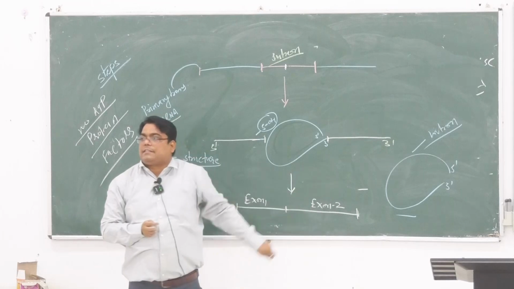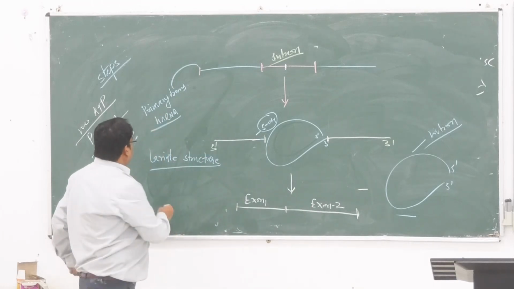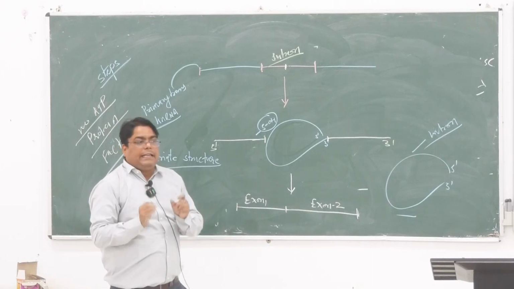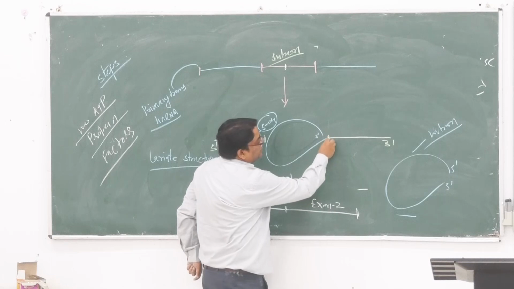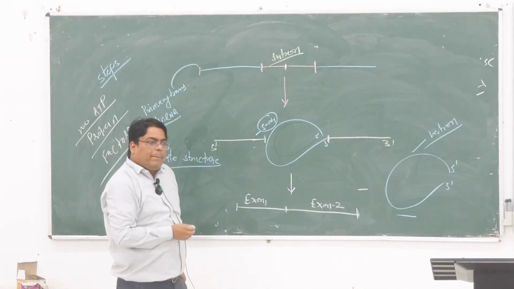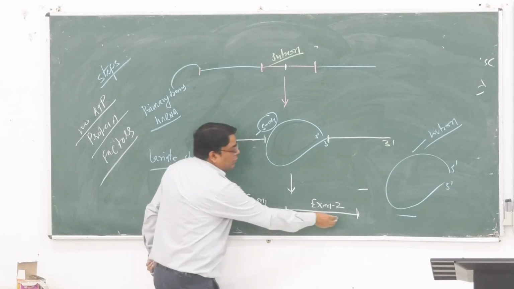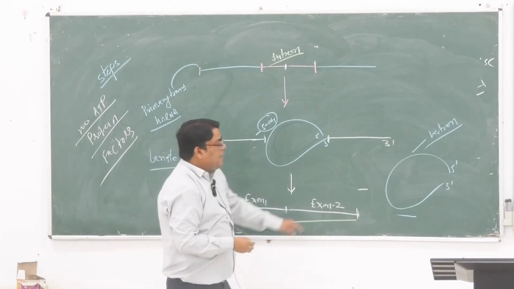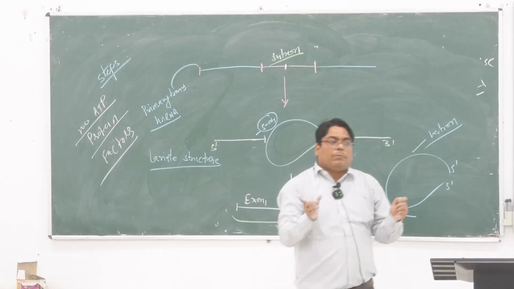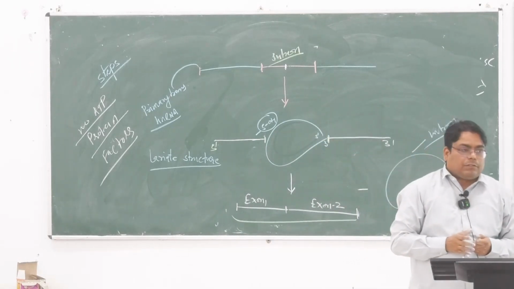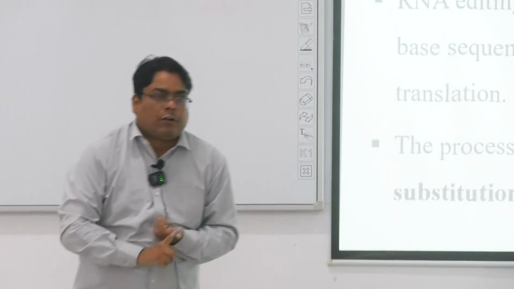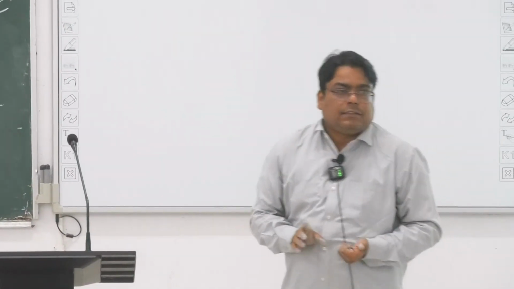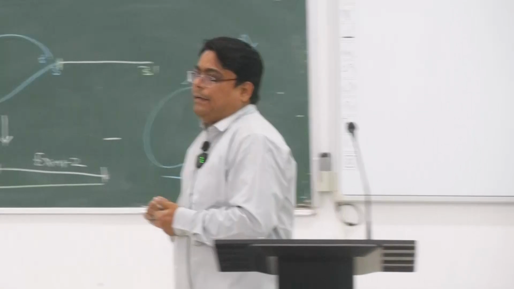We call this structure the lariat, L-A-R-I-A-T, or loop-like structure. Then again it cuts at the 3' OH group, and the exon-exon groups join. There are no intervening sequences, and the introns are removed from the mRNA molecule. It is called self-mediated splicing because there is no requirement of ATP, cofactors, or any proteins.